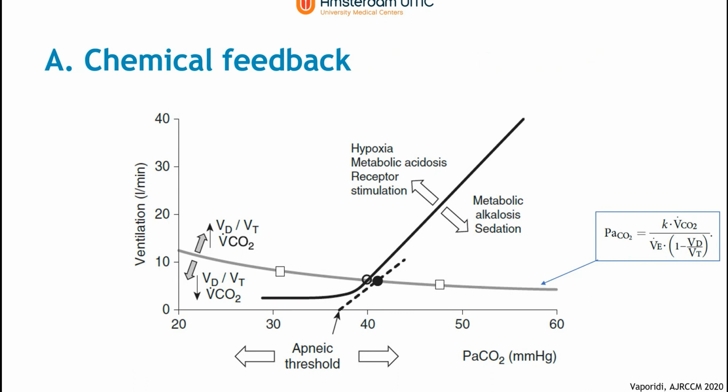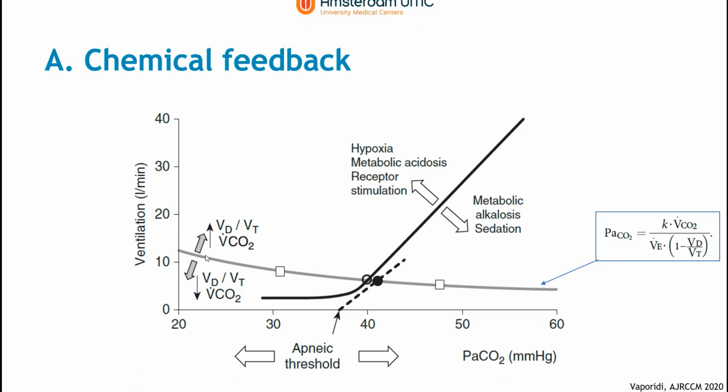So the chemical feedback, H+, and this is a rather complicated picture, but I think it's important. What you see right here is minute ventilation and arterial CO2. This gray line is the so-called metabolic hyperbola, which describes the effects of changing minute ventilation on arterial CO2.